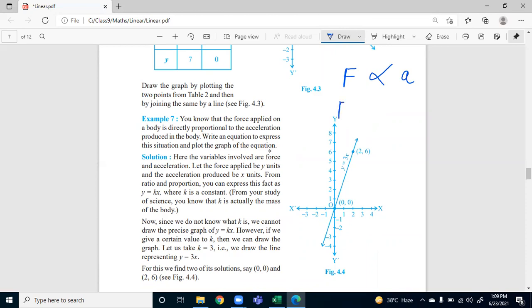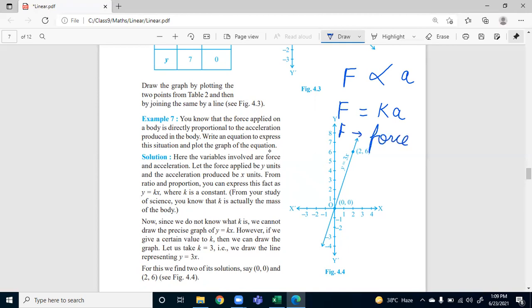If I remove this proportionality sign, then I should put some proportionality constant. Let's say that k is some constant. So what is the equation? The equation is F is equal to Ka, where F is force.